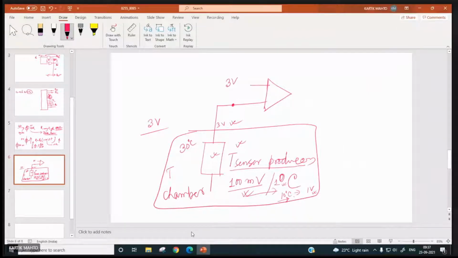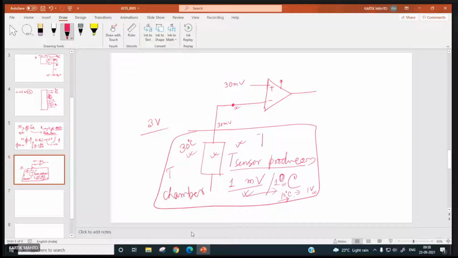And this is a plus, this is minus. Okay, let us make it here 30 millivolt. And this is producing say 1 millivolt per degree centigrade. So it will produce 30 millivolt when the temperature here is 30 degrees centigrade.